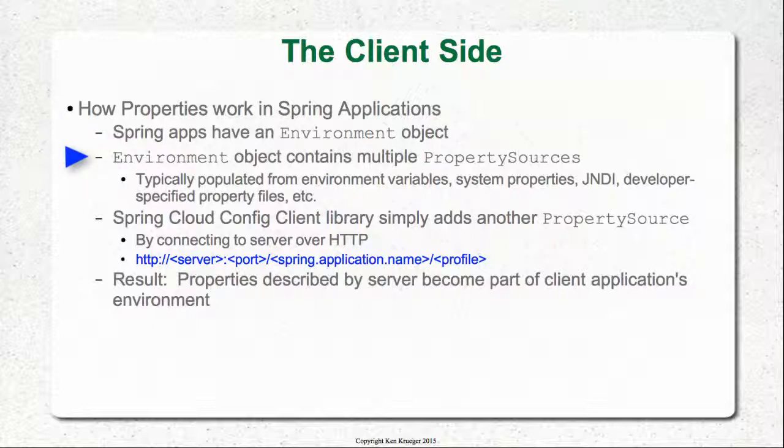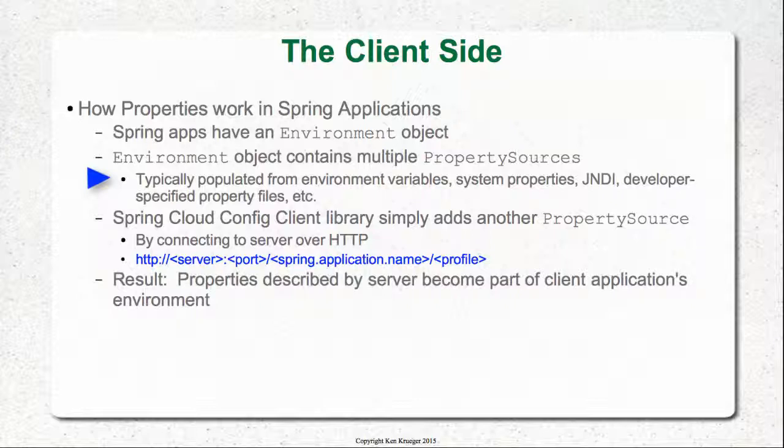One of the things that the environment object has in it is multiple property sources. Now, a property source is just what it sounds like. It is a source of properties that came from somewhere. Now, Spring application contexts will automatically populate property sources from the environment variables where your application is running, and the system properties that you specified when you launched the application.